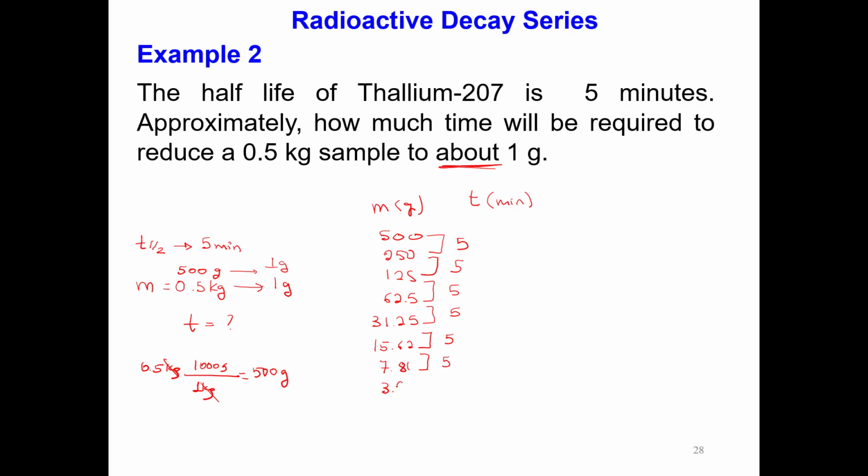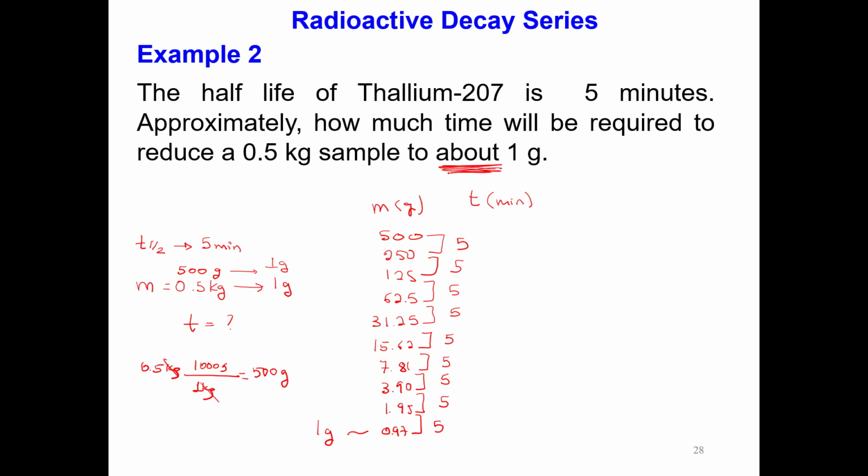Then 3.90 will take another 5 minutes. If we reduce this one in half, it will take another 5 minutes. And finally, if we reduce this one in half, it will take another 5 minutes. Now we can see this is about 1 gram. Yes, this is what we want.